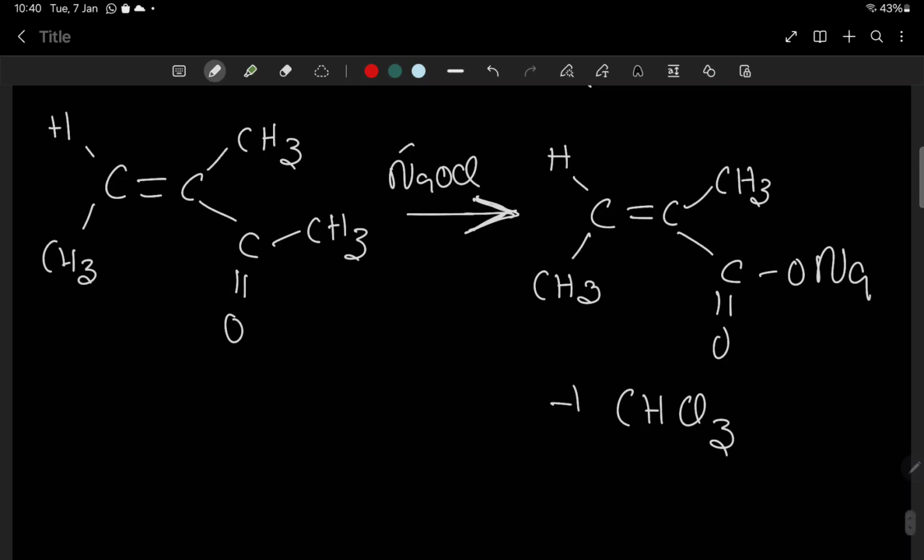But usually we should do it with NaOI, so that we get the iodoform. CHCl3 doesn't have a specific proper color, but iodoform has a good color. That's the reason we prefer that.